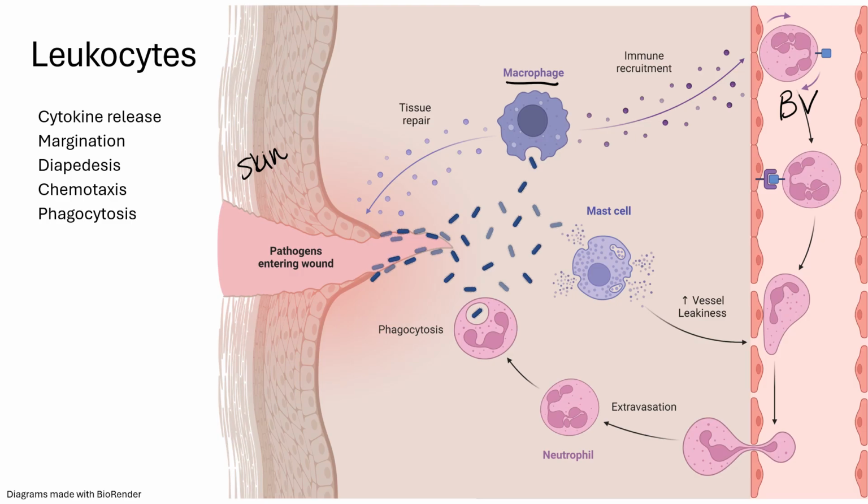And the macrophage releases all of these chemicals called cytokines, and there are also interleukins. These cytokines and interleukins diffuse away from the macrophage and enter into nearby capillaries in your dermis, which are the subpapillary or the cutaneous plexuses of the dermis.